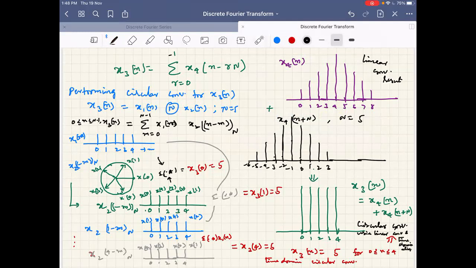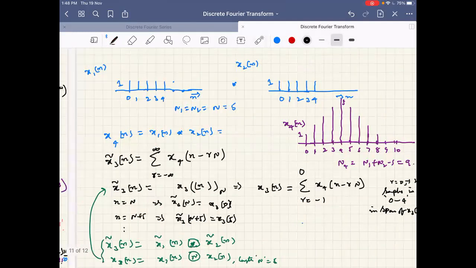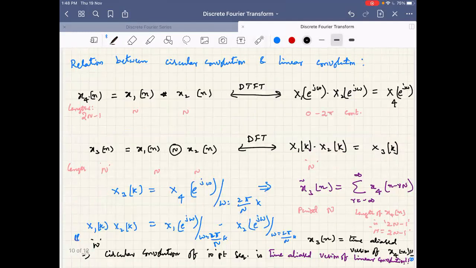The results of both are the same, and you can see that this relation is valid between circular convolution and linear convolution. This is the relation between circular and linear convolution.